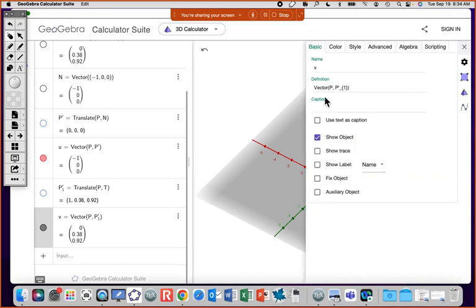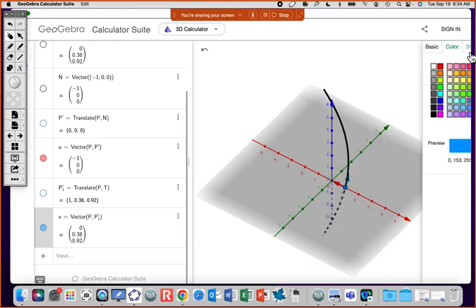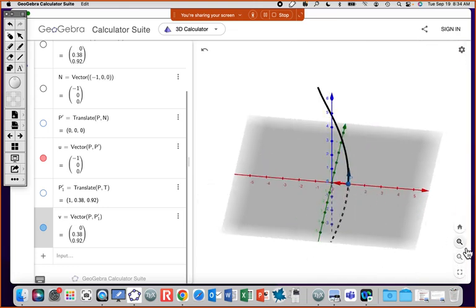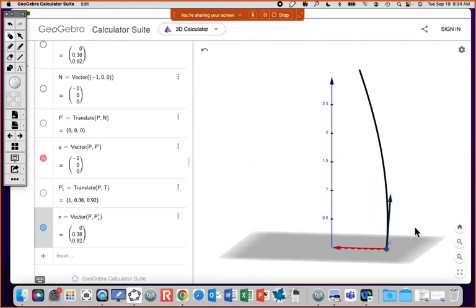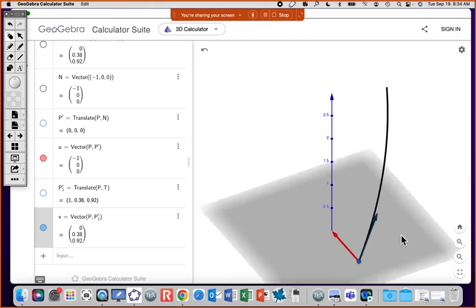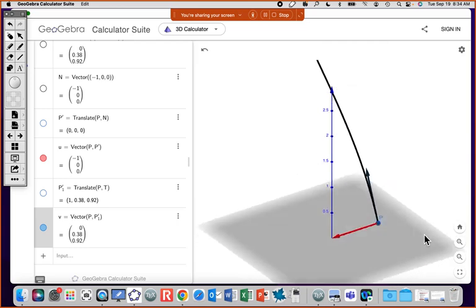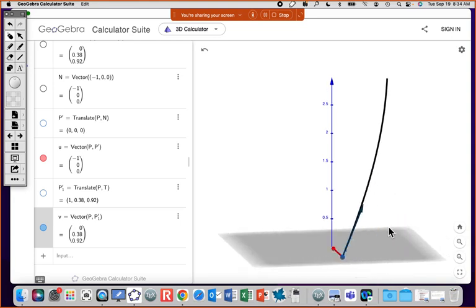Once again, we'll pick blue or something, just so we can see it. And if I zoom in here, hopefully you can see the tangent vector and the normal vector. So you see the relationship there? It's worth doing this to get a sense of what's happening.